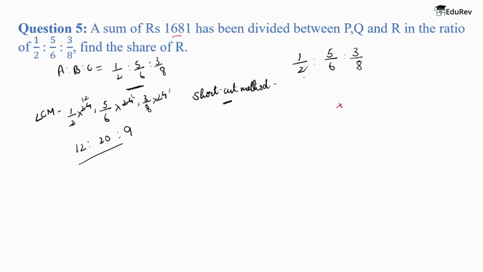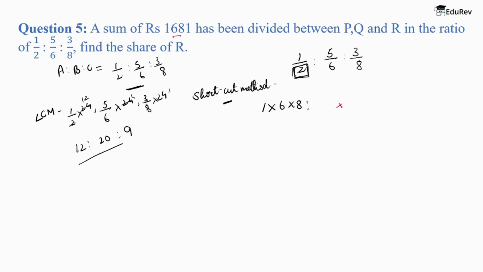So when we have to use that shortcut method, or you can say the thumb rule, here you have to hide the denominator, and you have to take the other denominators. So it would be 1 into 6 into 8.